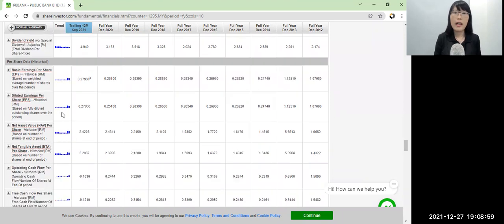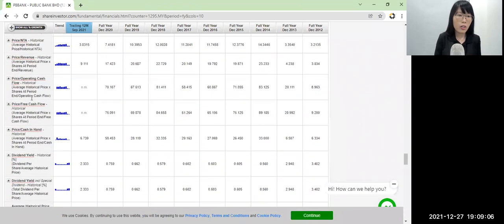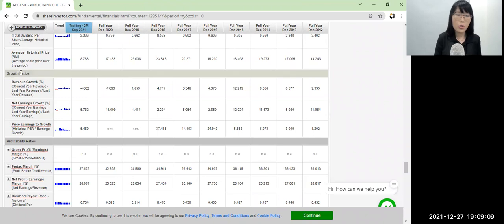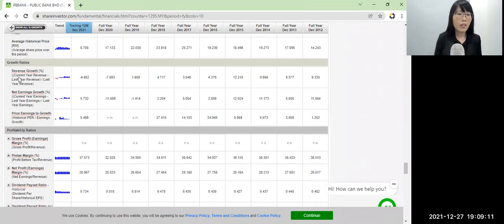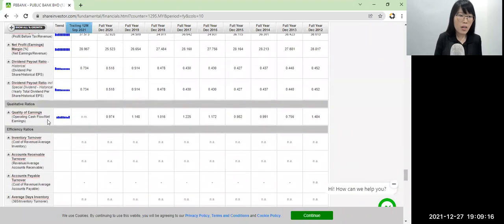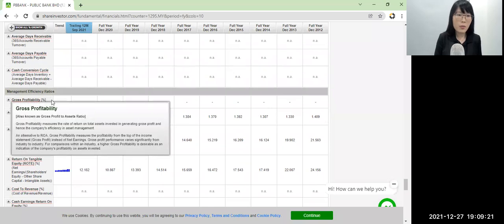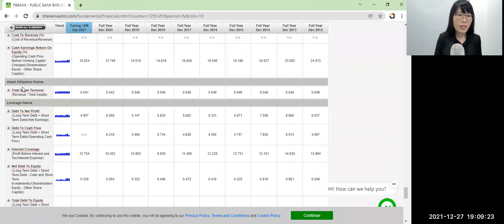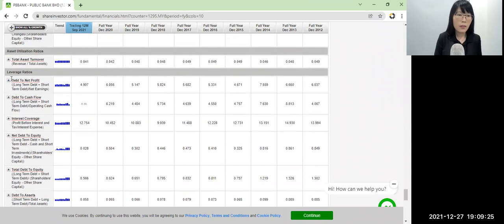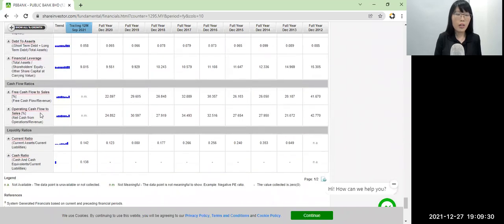So when you scroll down, you still can find some growth ratio here, valuation ratio, growth ratio, okay, and profitability ratio, qualitative ratio, efficiency ratio, management efficiency ratio, asset utilization ratio, leverage ratio, cash flow ratio, and liquidity ratio, and so on.